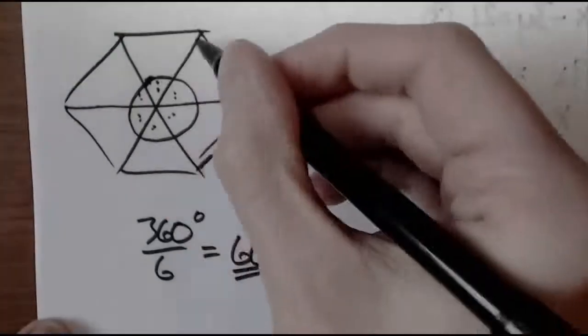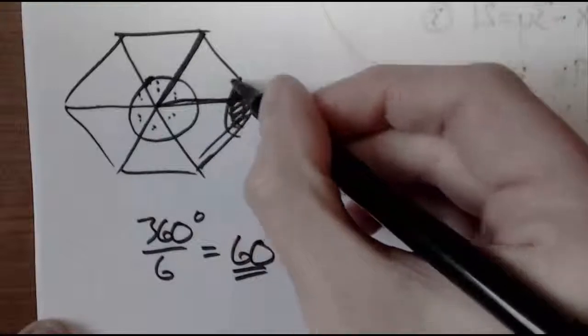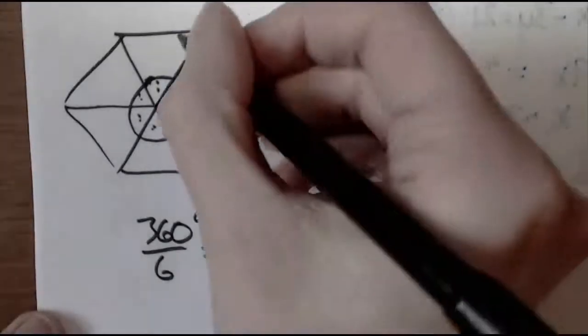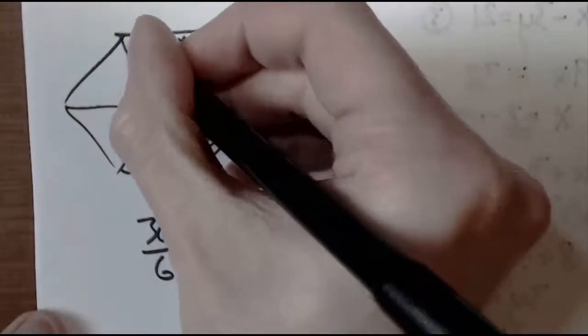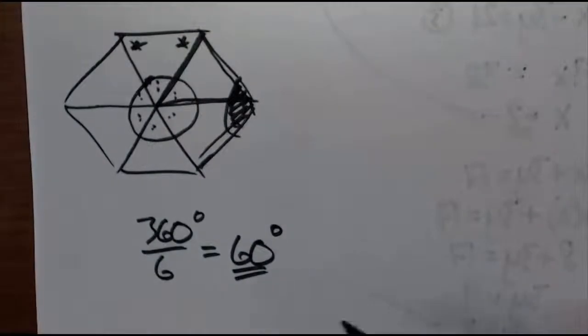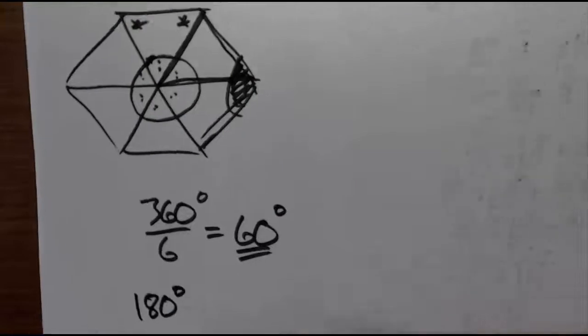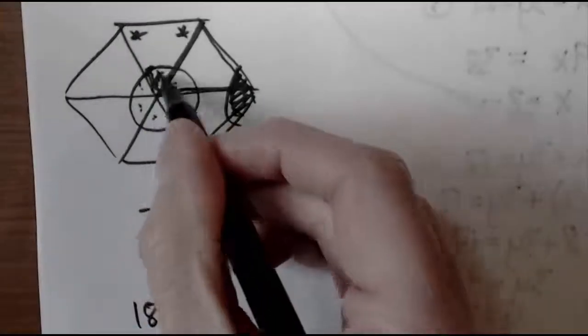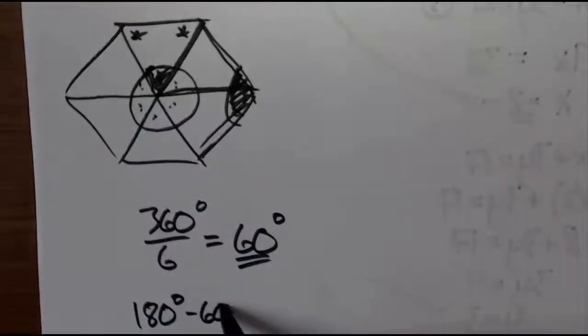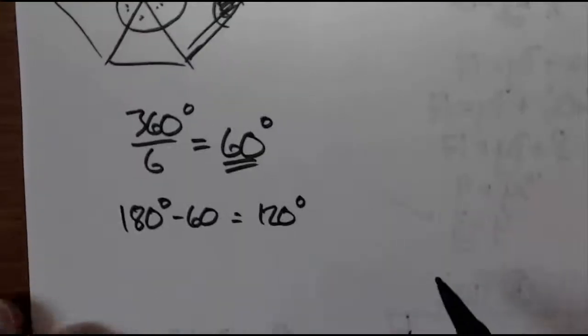We also know that each of these individual triangles is an isosceles, so that angle and that angle has to be the same. So remember, a triangle has 180 degrees. We can account for 60 degrees out of it with that angle, so that now gives us 120 degrees to play with.